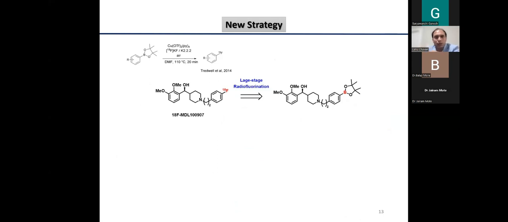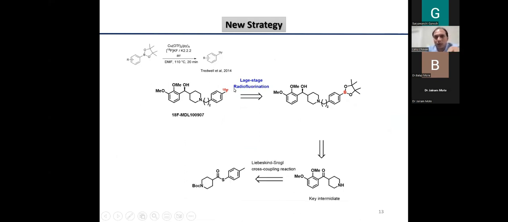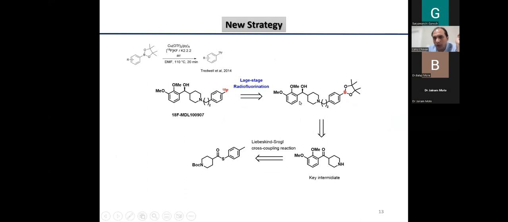This fluorination reaction can be used as a late-stage radiofluorination, and then this pinacol boron ester can be synthesized from the key intermediate ketone pyrrolidine. Here this ketone can be synthesized using the Liebeskind-Srogl cross-coupling reaction. It is a known name reaction, developed at Emory University by one of our professors, that we thought to employ in this synthesis.